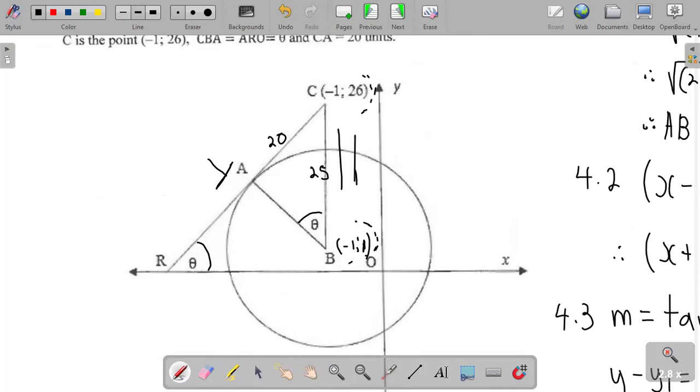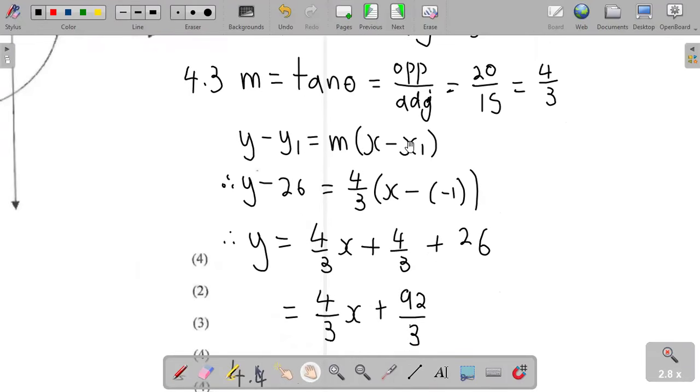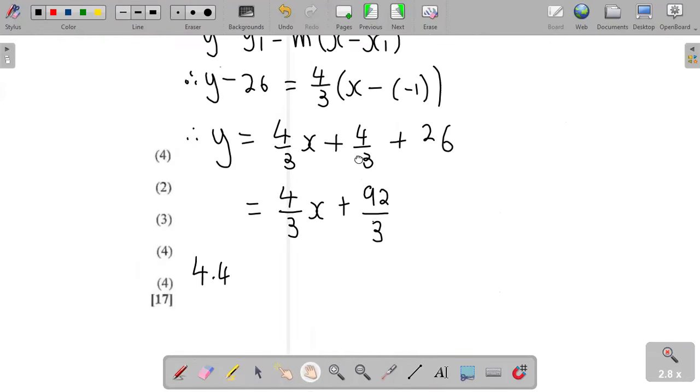We also know the coordinates for B. So we can use the gradient of this side, because we know our gradient here is 4 over 3, isn't it?